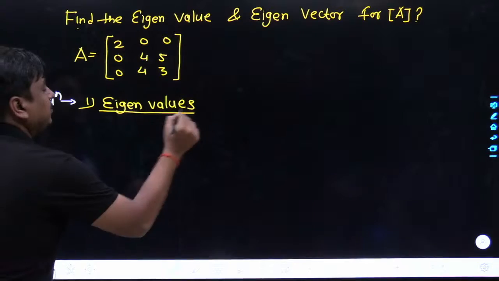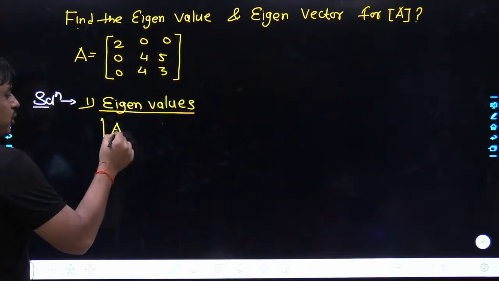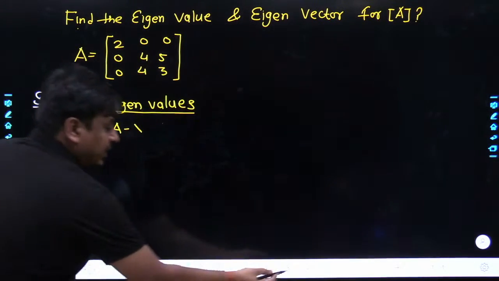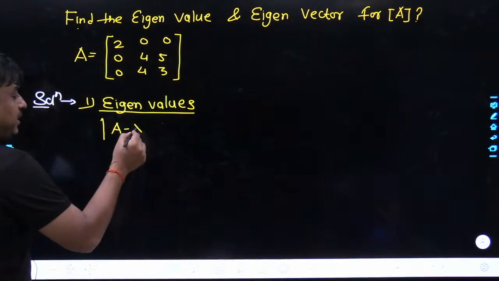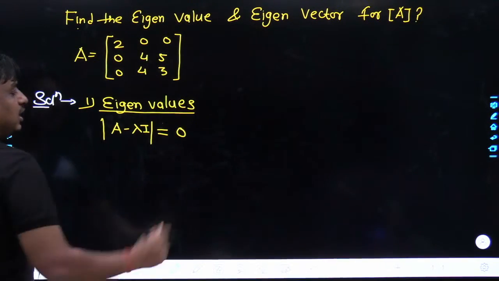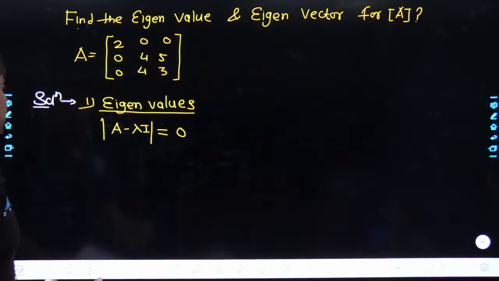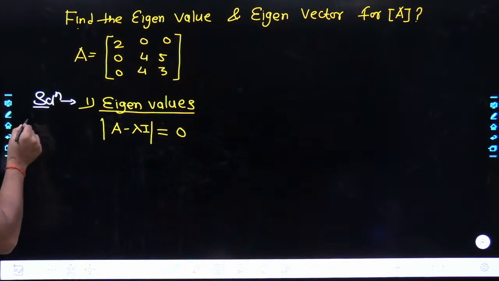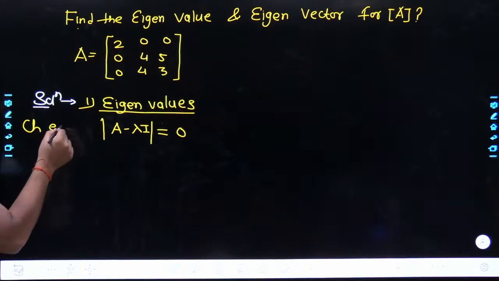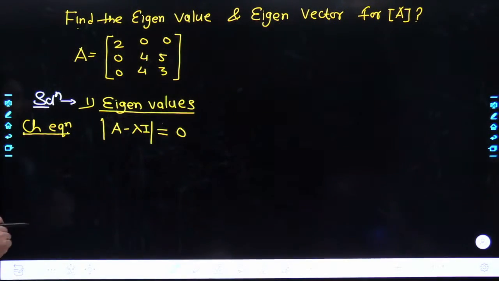Eigenvalues are calculated as we have seen in the last class: we form the matrix A minus lambda I, take its determinant and compare with 0, which makes an equation called the characteristic equation. So in future, you need not worry about it. This equation has a standard name, the characteristic equation.